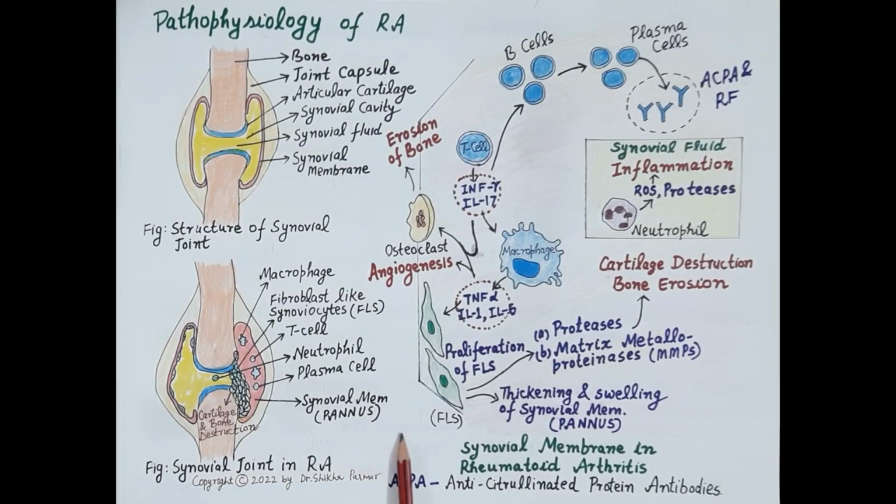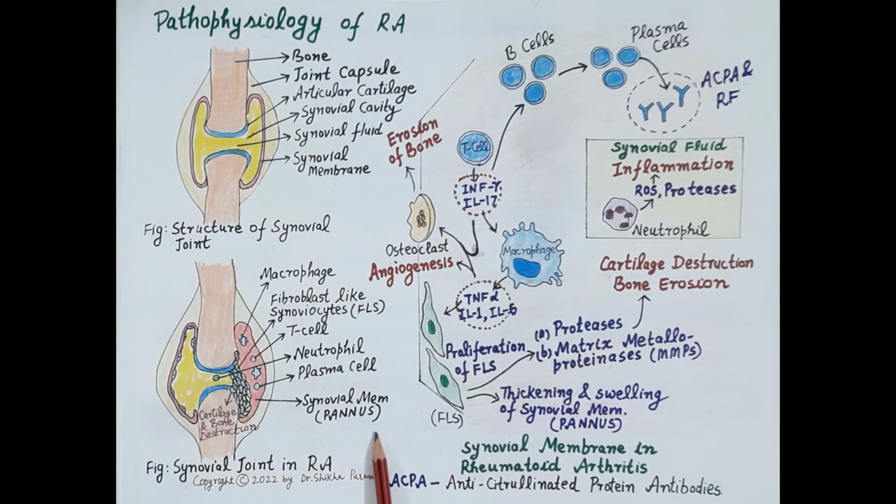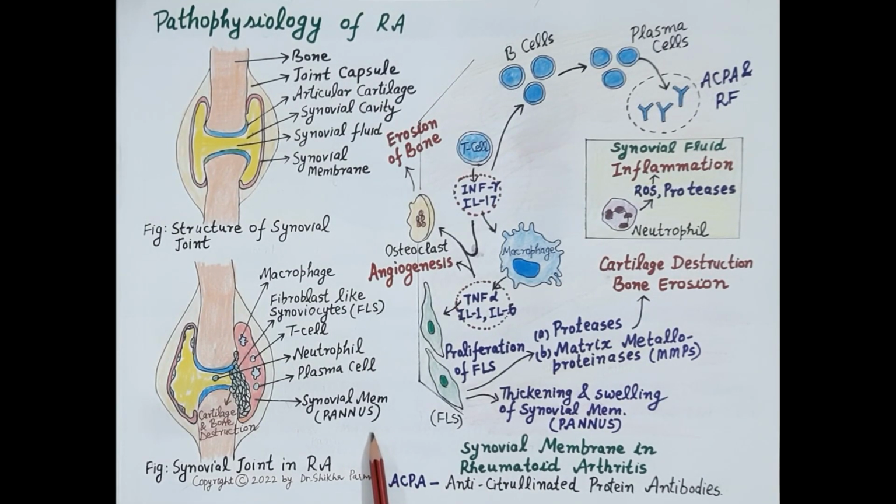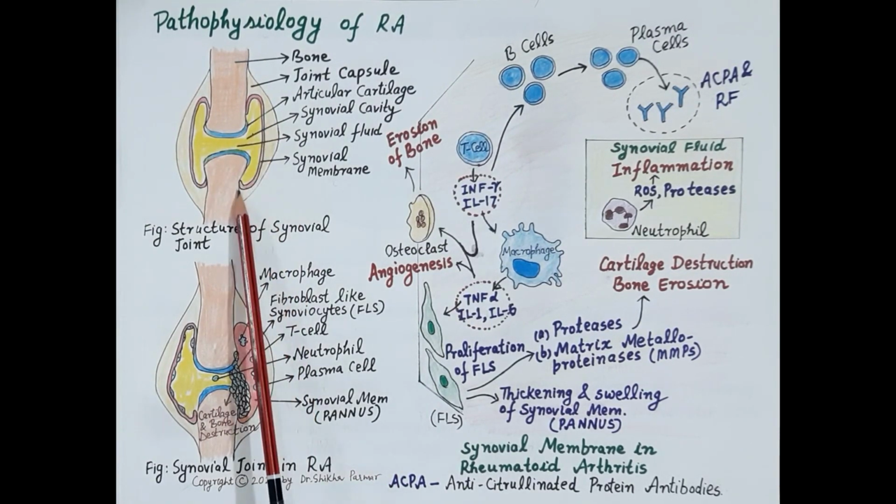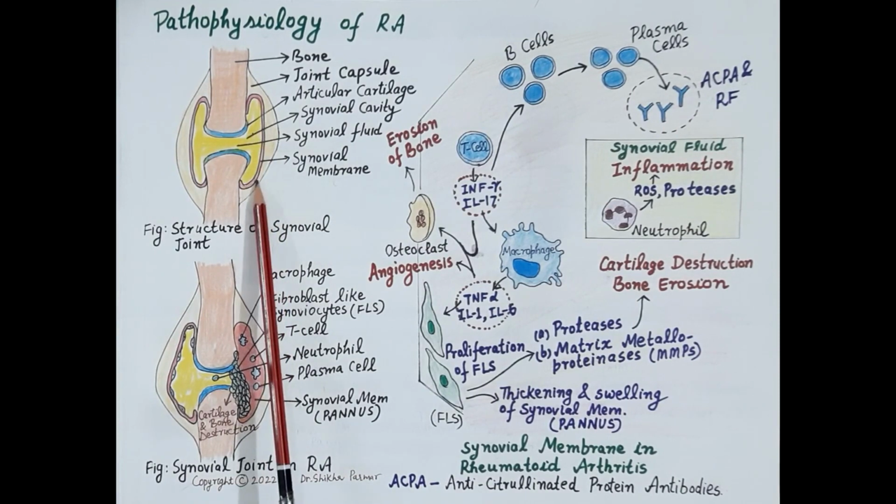Now before discussing pharmacology of DMARDs, look at this slide showing diagrams depicting pathophysiology of rheumatoid arthritis. As we all know, in rheumatoid arthritis, immune cells of the body attack healthy cells and tissues of the joints. This is a healthy synovial membrane in the pink color.